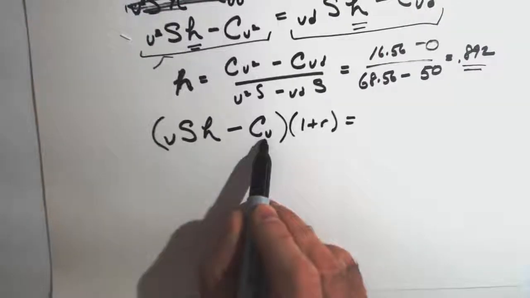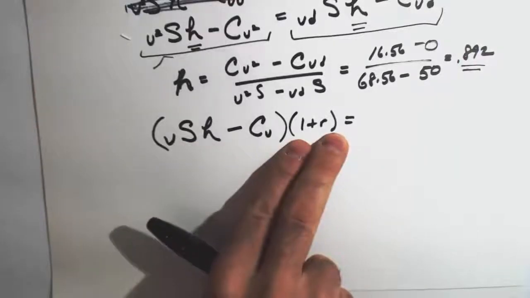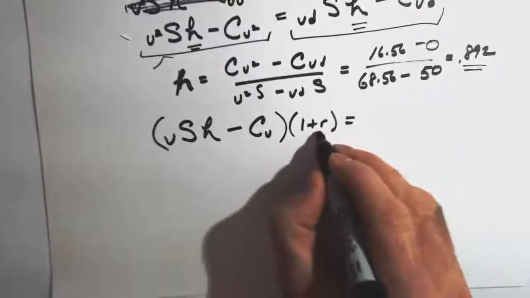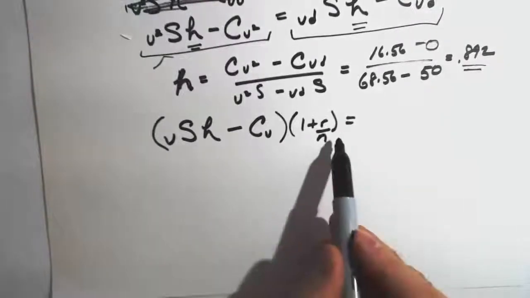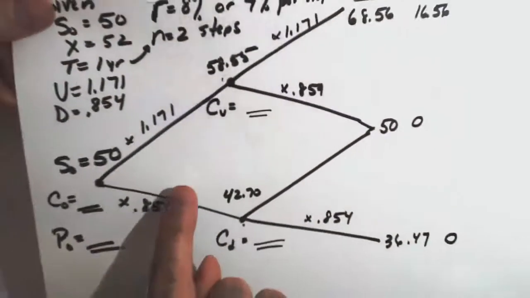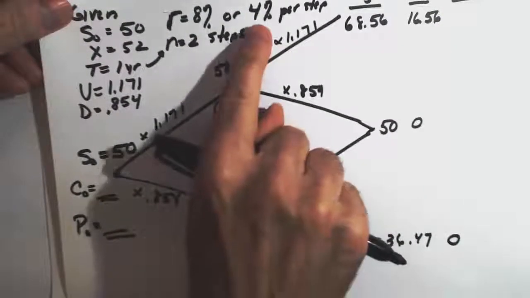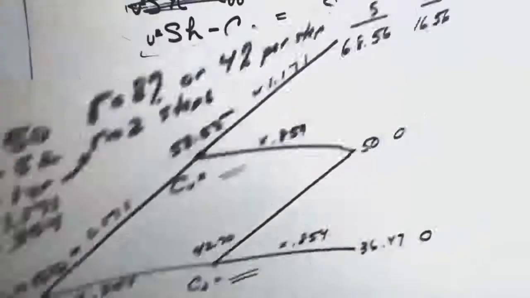So we have this covered call position. This is the value of the covered call position. It's going to grow at the risk-free rate. And we need to make one little adjustment here. Since we have a two-step process, we need to divide the annual interest rate by the number of steps in the binomial. And remember, the binomial has two steps. And so R divided by N is going to be 4%, as I told you up front.